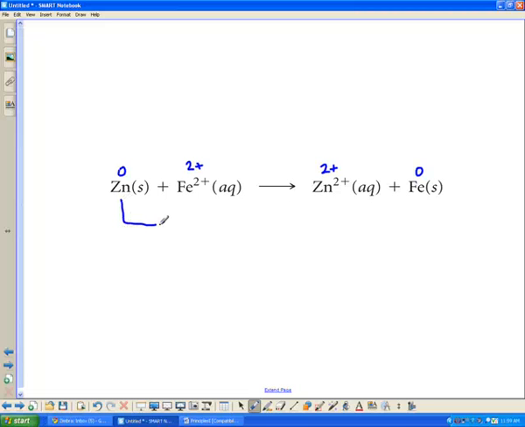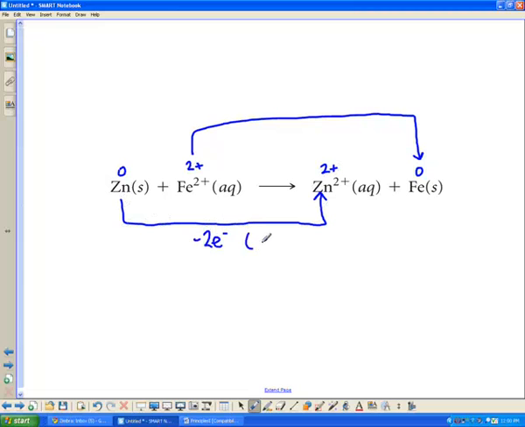So let's look at what's happening to the zinc. And then we'll also look at what's happening to the iron. So, can we tell, is this a redox reaction? Well, we're going from 0 to 2 plus, and from 2 plus to 0. The oxidation states are changing, so yes, it's a redox reaction. The zinc, is it gaining or losing electrons? Remember, electrons have a negative charge, so if this was gaining electrons, it would become negative. And we also said metals only ever lose electrons, so we're losing 2 electrons here.